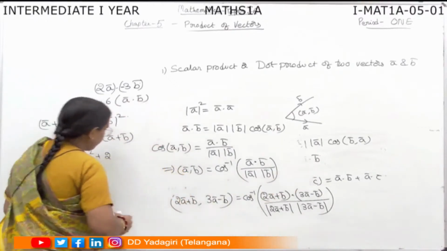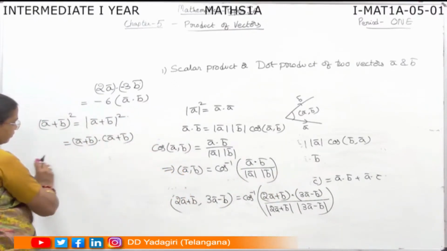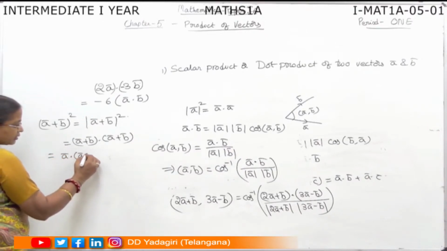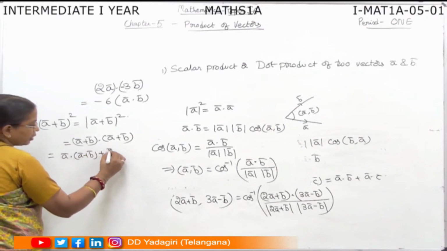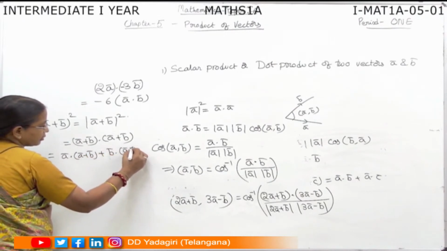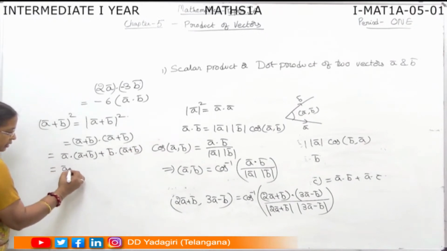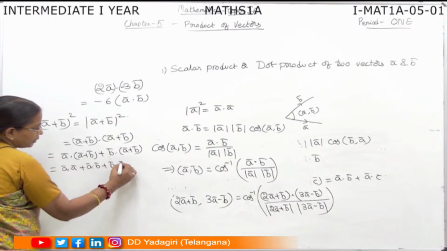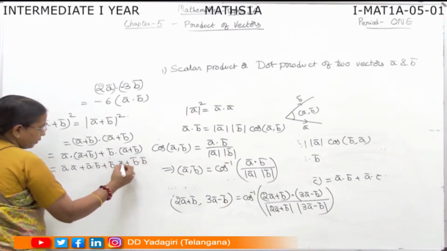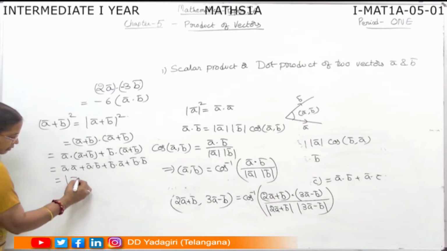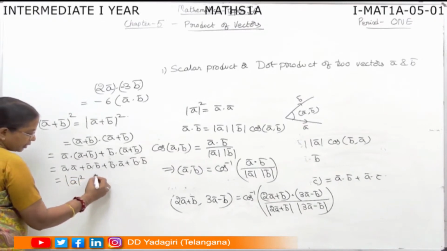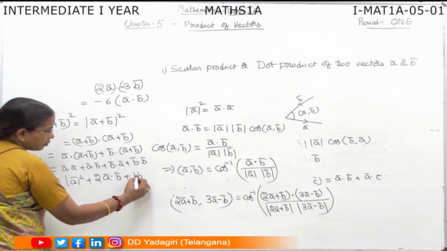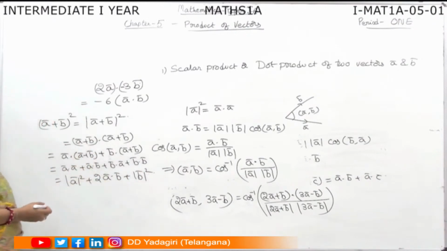When you use the distributive property, it is A dot of A plus B plus B dot of A plus B. So you can also expand like this. So it is A dot A plus A dot B plus B dot A plus B dot B. A dot A is nothing but mod A square. A dot B is the same as B dot A. So this becomes 2 times A dot B. And then B dot B is mod B square. So like this we'll expand.